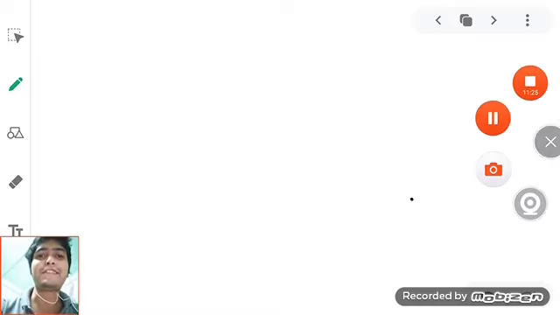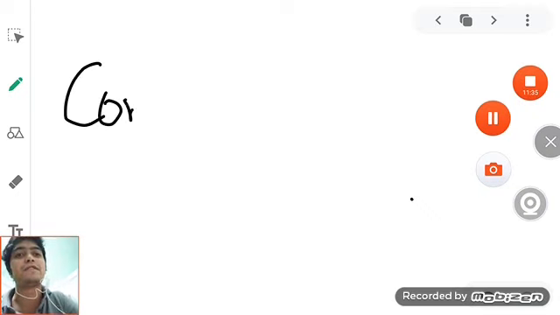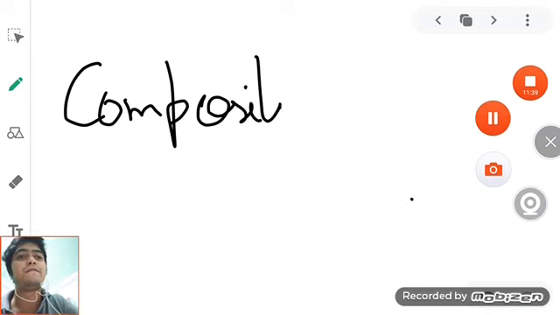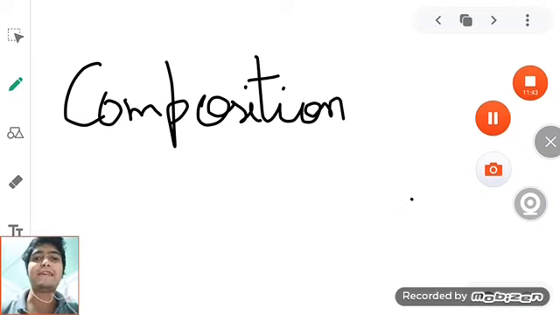Since we are with group theory, we have just learned about the set. What is the operation? The operation over here is composition. So the set is Sn, I will explain how it looks like, and the operation is composition.